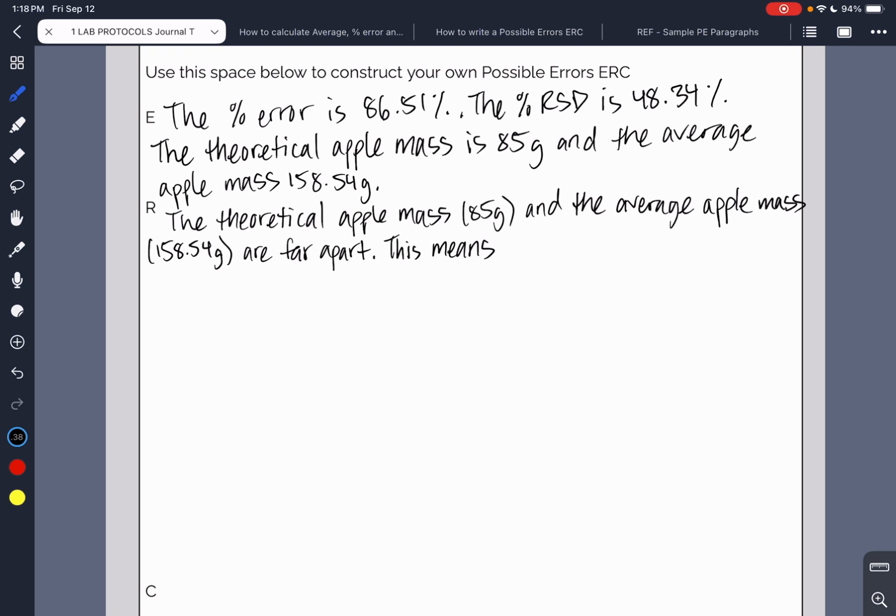so the further our average and our theoretical are, the less accurate our data is. The closer those 2 numbers are, so the closer you're in the bullseye of the target, the higher your accuracy. So this means that our data is not accurate.